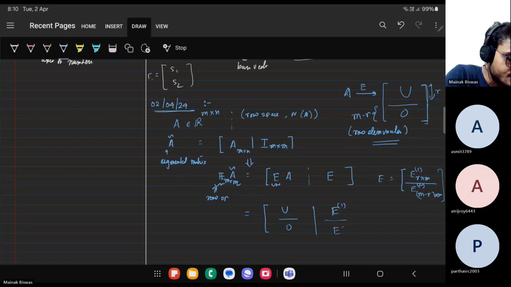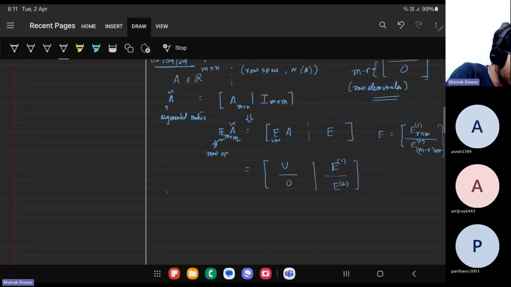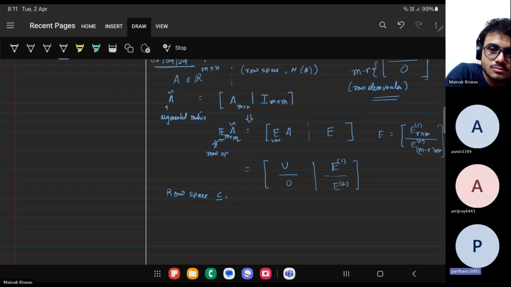Right. So my question here is, which is your row space and which is your null space? Do you recall that? First, tell me, row space is a subspace of R to the power m? No, R to the power n.